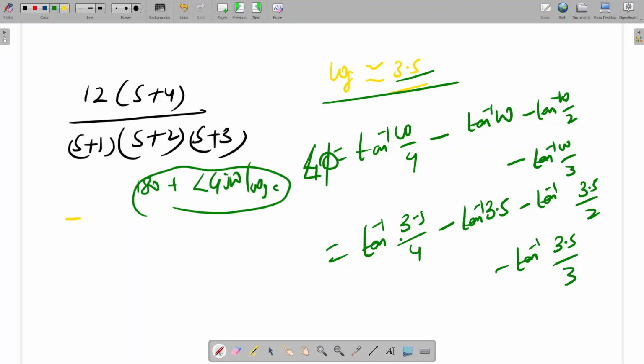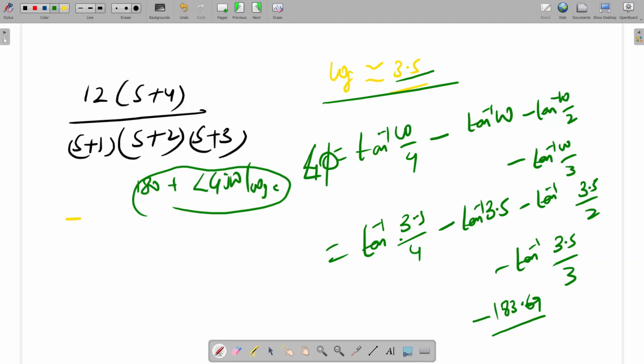How much are you getting? Anyone got the answer? What is the angle for this one? I am getting minus 183.69.